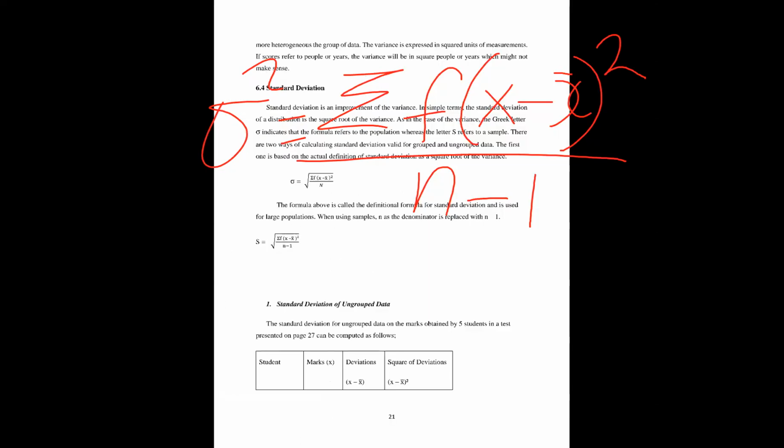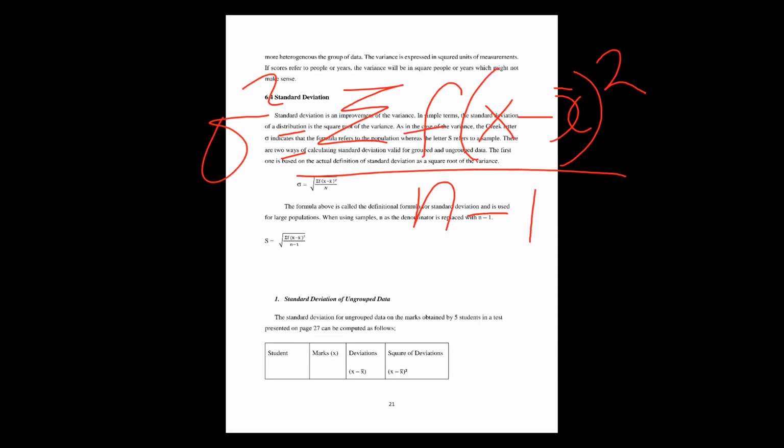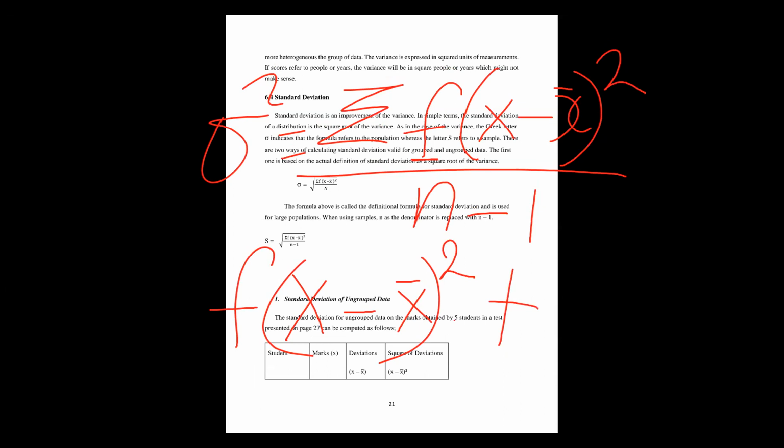So basically, you're finding the deviations the same way you did previously. You find the x variable minus x bar, which is the mean, okay? You square that. After squaring, you multiply by the frequency, and then you add. You have the frequency times x minus x bar, squared, and you add everything.